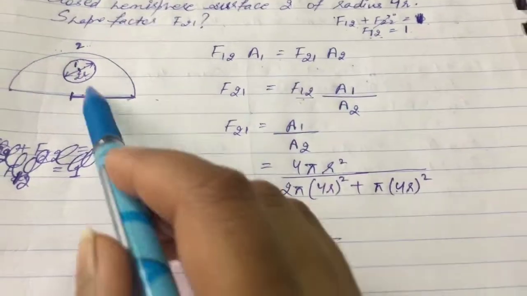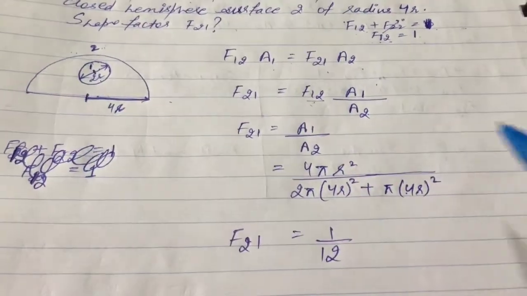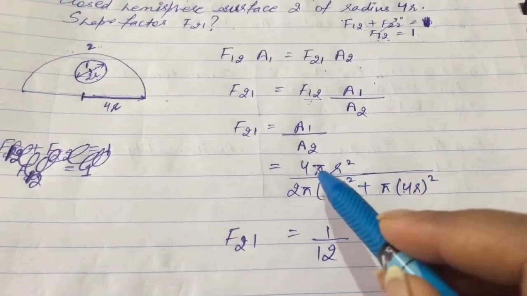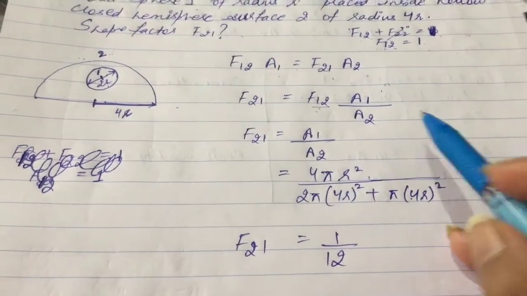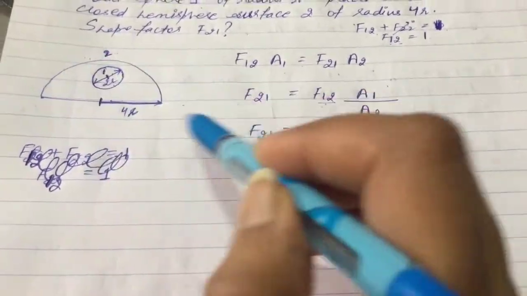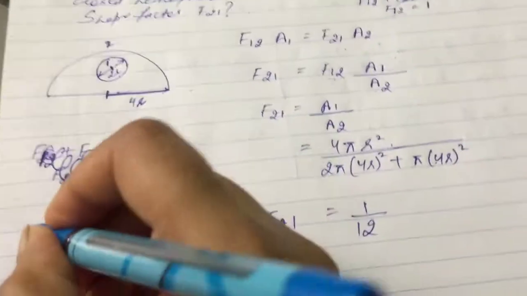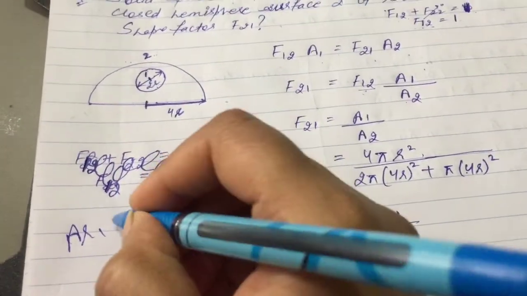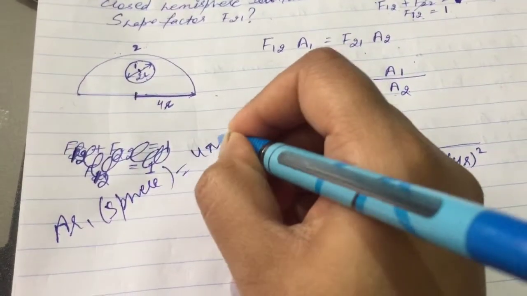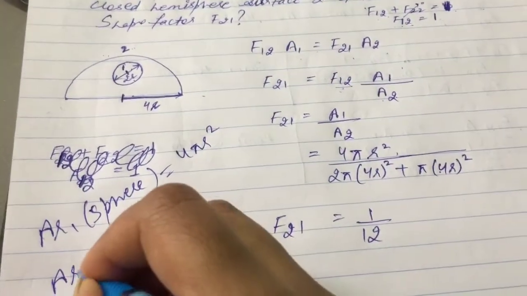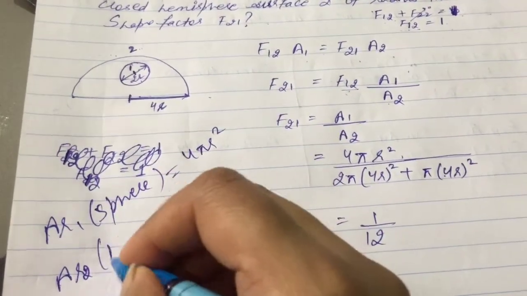So area 1 is for the sphere. The area of a sphere is 4 pi r square, because the radius is given to us as r. And area 2 is for the hemisphere, the outer surface.